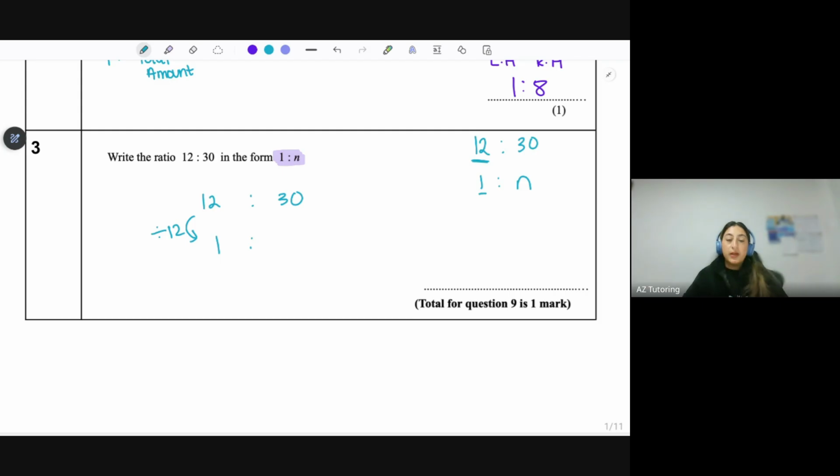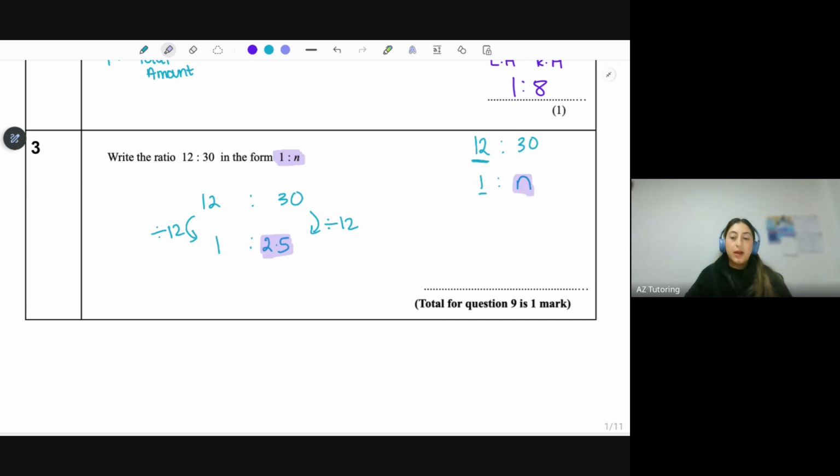So whatever you do on the left-hand side, you have to do it on the other side. So I'm going to do 30 divided by 12. Now, if I use my calculator, 30 divided by 12 is just 2.5. So n is essentially 2.5. That's how we found n.